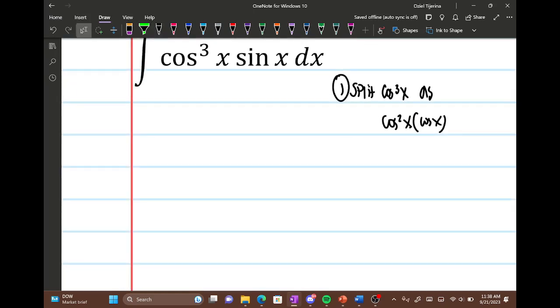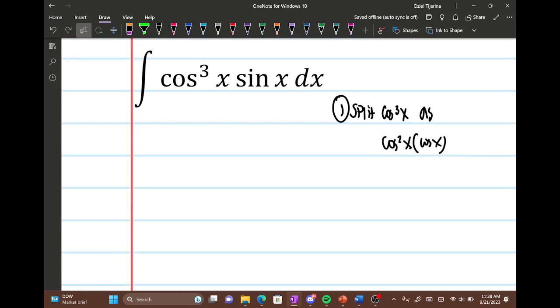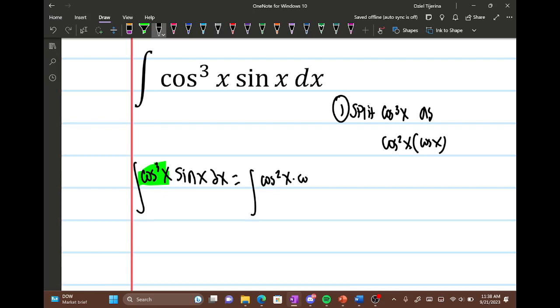So the integral of cosine cubed x sine x dx ended up being the integral of cosine squared x times cosine x times sine of x dx.